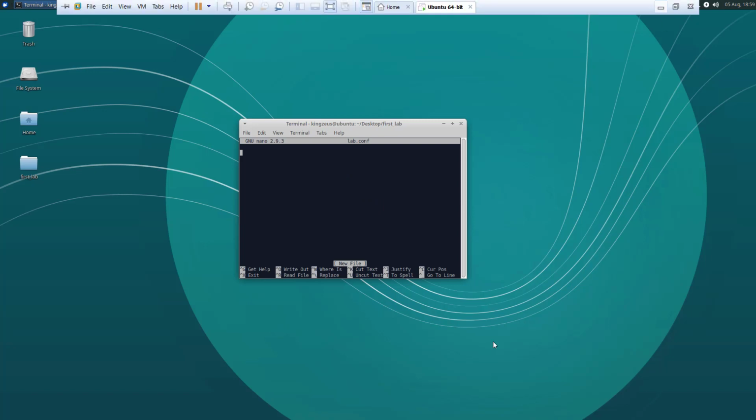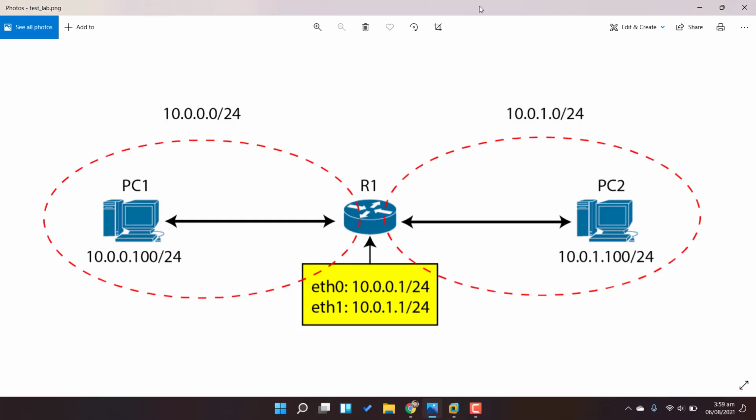So let's have a look at our example. In this lab, we have PC1 in this collision domain, you can say. In this domain we have PC1, in this domain we have PC2, and R1 is in between these domains. So R1 has two domains, PC1 has one, and PC2 has one.